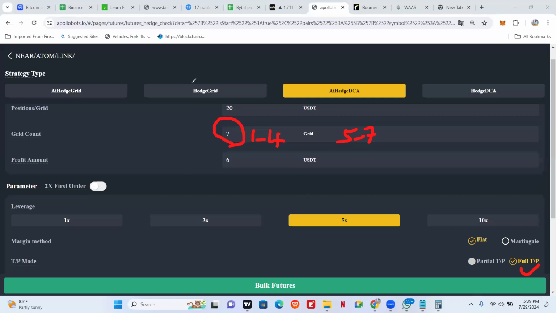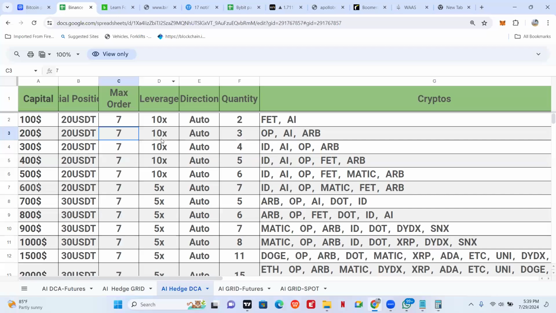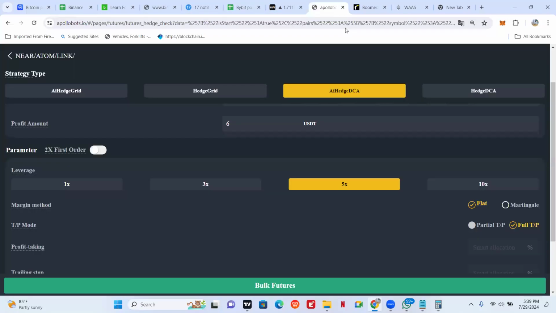So let's run fast. Okay, so we just set up this account, and remember, let's check the settings again. For $200, your leverage is 10x. All right, the leverage is 10x. So you switch to 10x here.